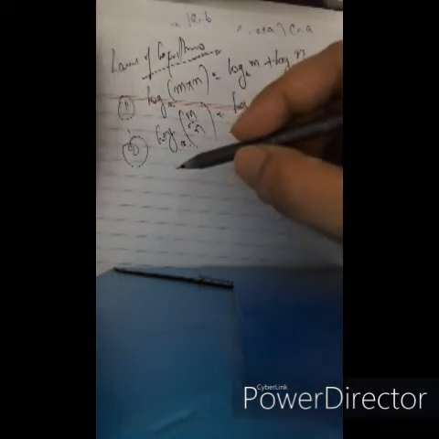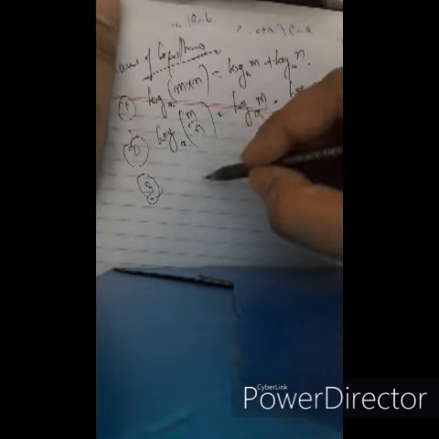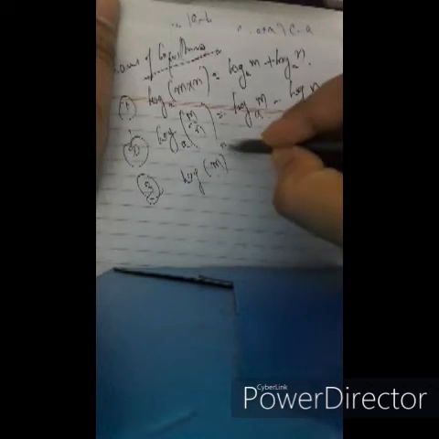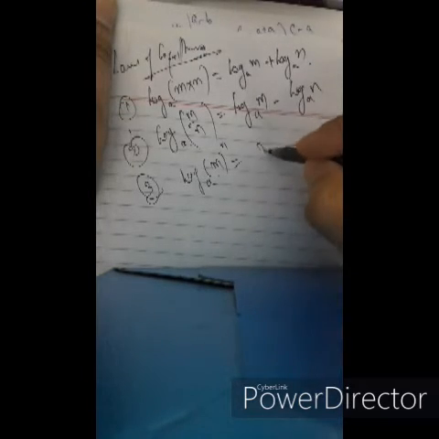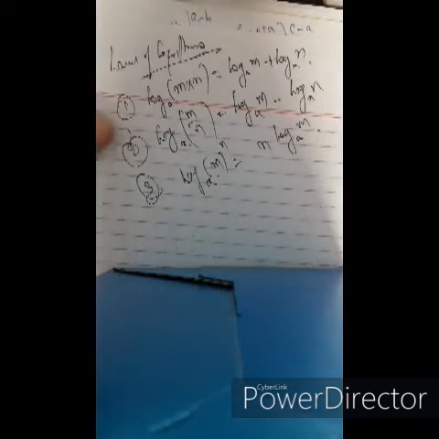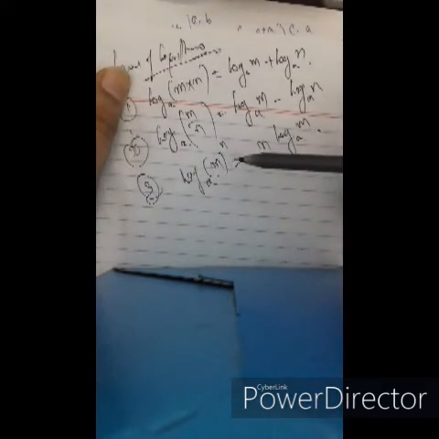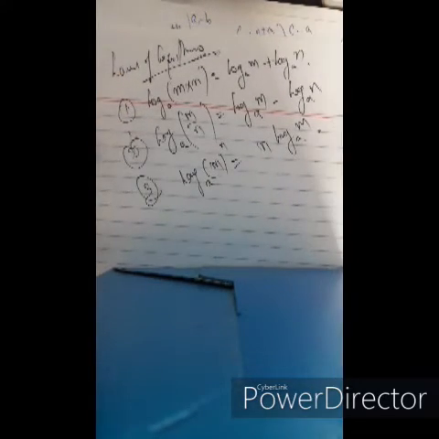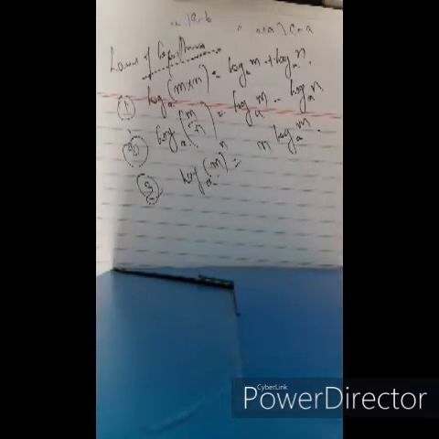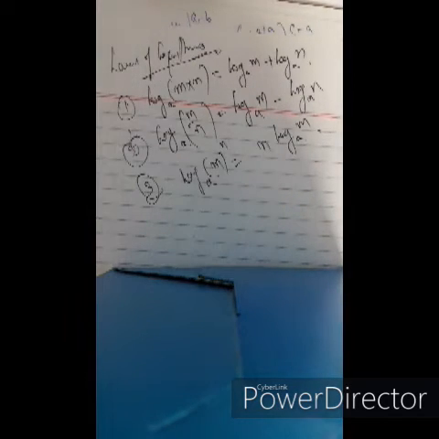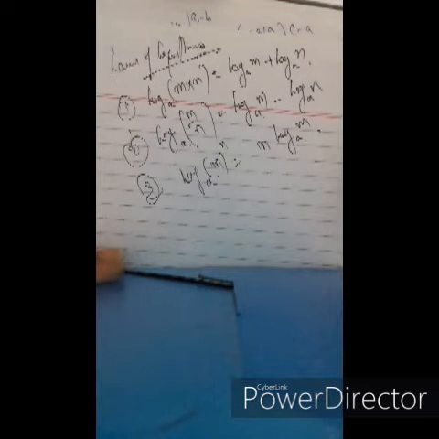And the third law is log of m to the power n base a becomes equal to n into log m base a. These are the three very important laws you have to remember in order to solve problems regarding logarithm.